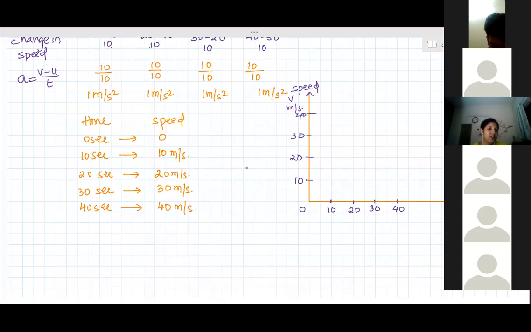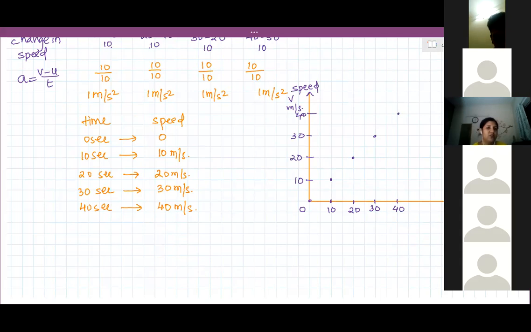So at 0 seconds, speed is 0. At 10 seconds, speed is 10 meters per second. At 20 seconds, 20 meters per second. At 30 seconds, speed is 30. At 40 seconds, speed is 40. So can we pass a straight line through it?